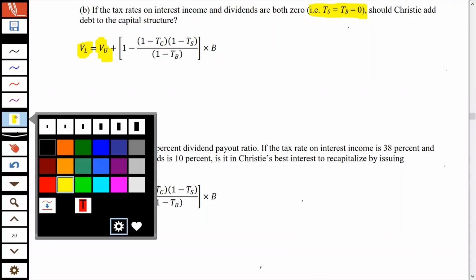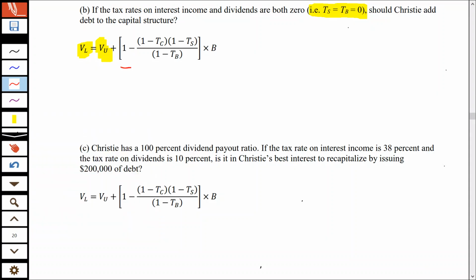We multiply all of that by this big term in the square brackets here, which includes TC, the corporate tax rate, TS, the tax rate on distributions to equity holders, and finally, of course, TB, the tax rate to those who are receiving payments from their debt holdings. Finally, we multiply the whole thing by the level of debt, which is represented by the letter B that we're used to because that's how it's been all semester as well as last term in the intro course.